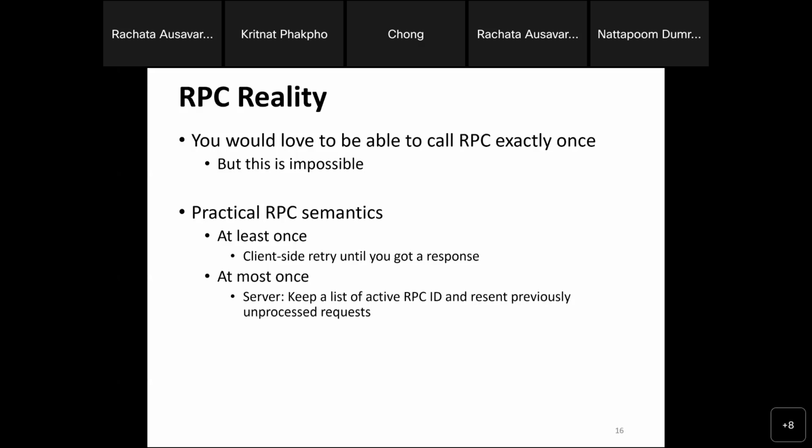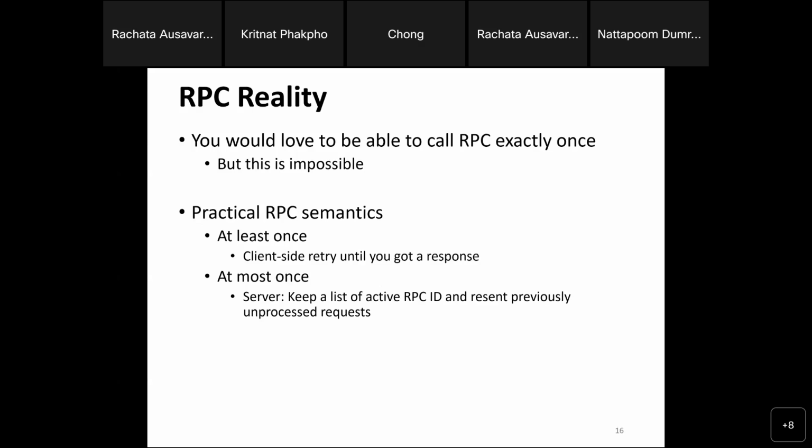If there are any unprocessed requests, you notify the client, saying, hey, client, this is unprocessed, something weird is going on. Resend. The reason why we call this at most once is the server would notify the client, okay, I'll just run it again. That's why we call it at most once.